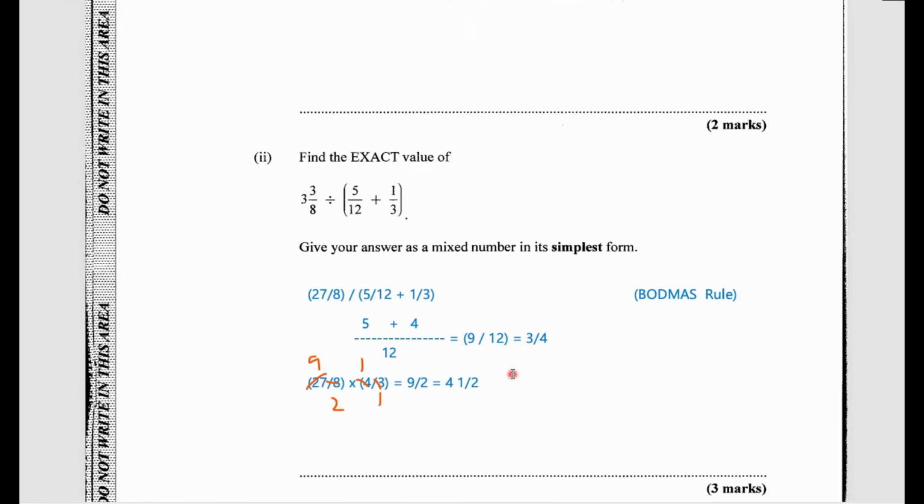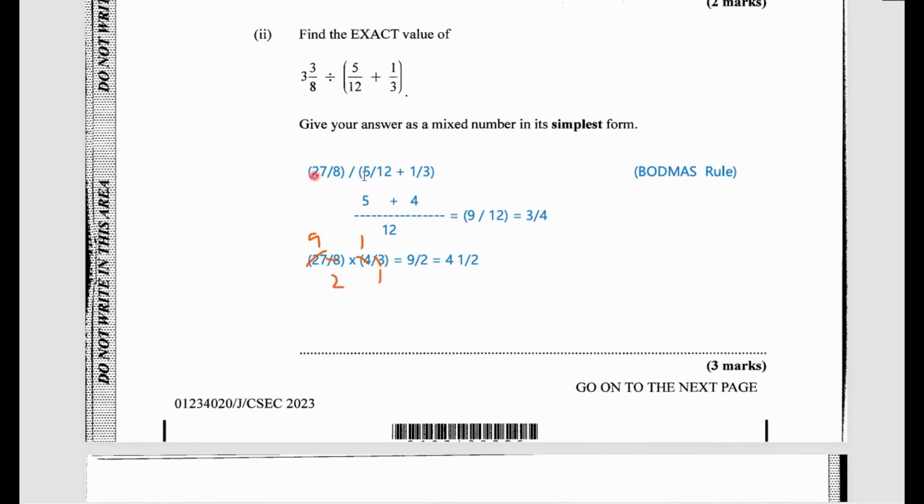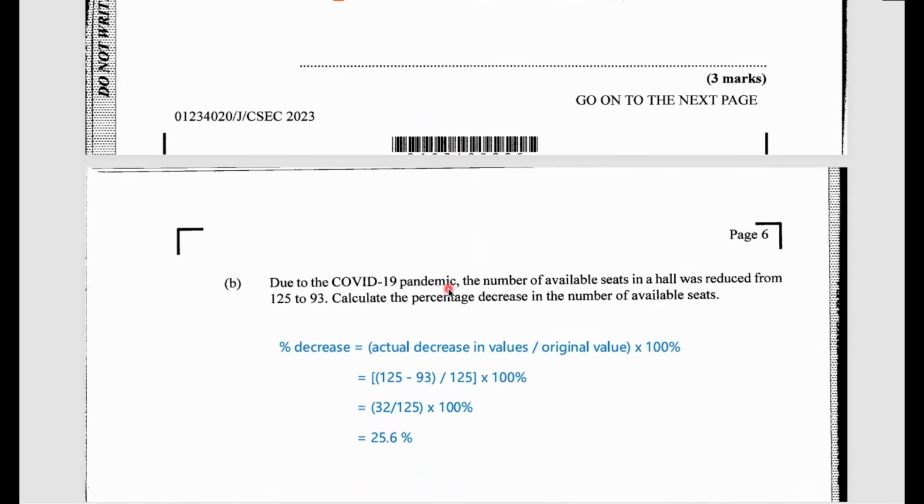As you know, when you divide by a fraction, you flip and multiply. So we multiply by 4 on 3. 4 into 4, 1, 4 into 8, 2. 3 into 3, 1, 3 into 27, 9. 9 by 1 is 9, 2 by 1 is 2. And they wanted a mixed number. 2 into 9 is 4 remainder 1 on 2. Again, this could be done on your calculator, just saying.